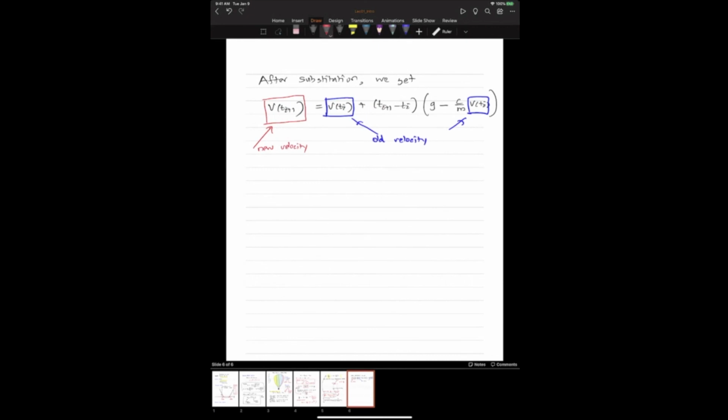Rather than calling it new velocity, I should call it velocity at time ti plus 1, and this will be velocity at time ti. It is both applicable. ti is the present time, ti plus 1 is the next time.